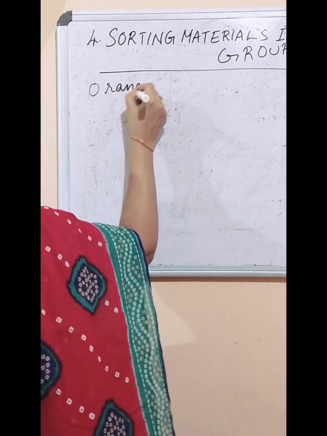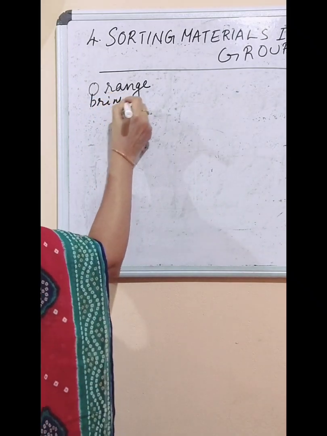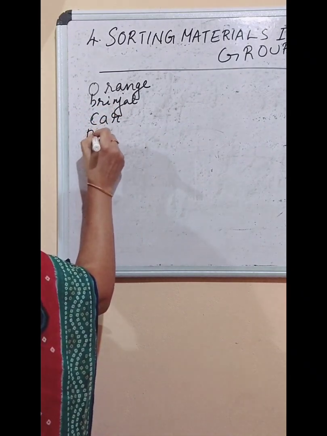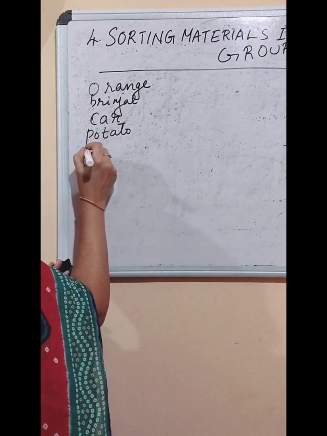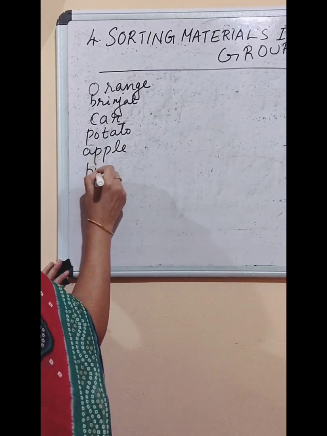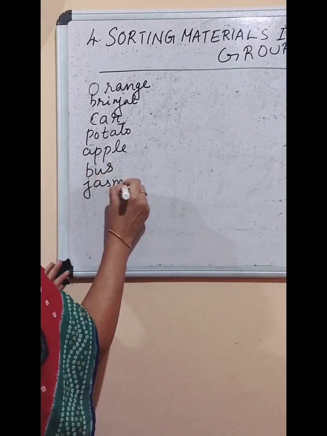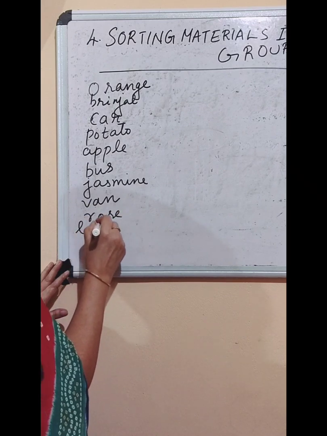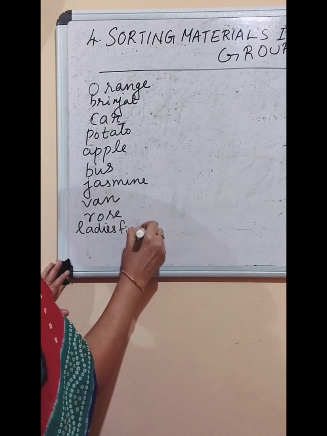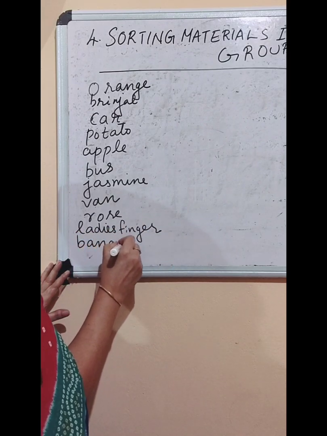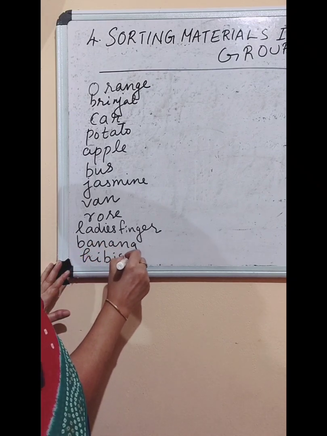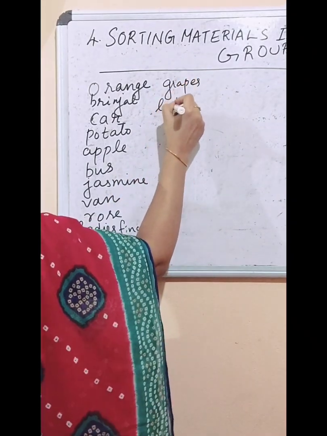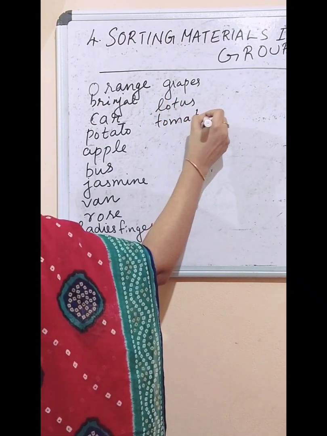So orange, brinjal, car, potato, apple, bus, jasmine, van, rose, lady's finger, banana, hibiscus, grapes, lotus, tomato, scooter.